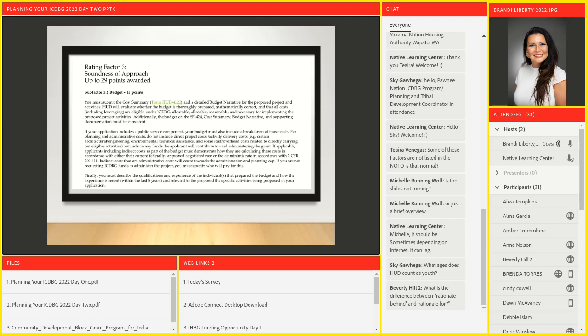So if you remember back when we were looking at subfactor 1.1 yesterday, and describing the capacity of our applicants and our internal staff or our consultants that we bring in, here's where you're going to reiterate that finance person or that fee accountant or whomever you've worked with to hire to help determine that these costs within the budget fit the needs and fill in that capacity for your organization.